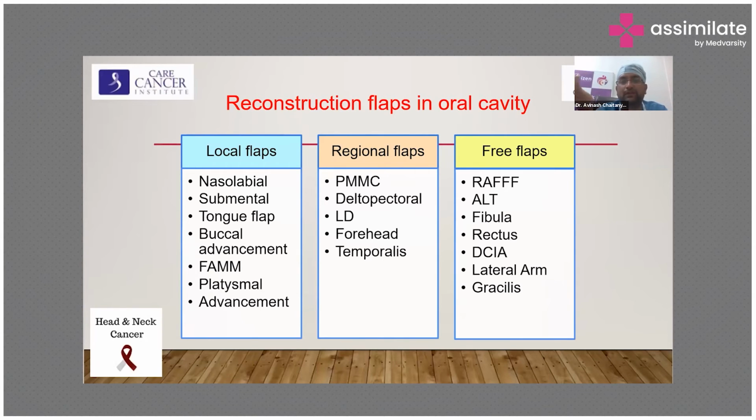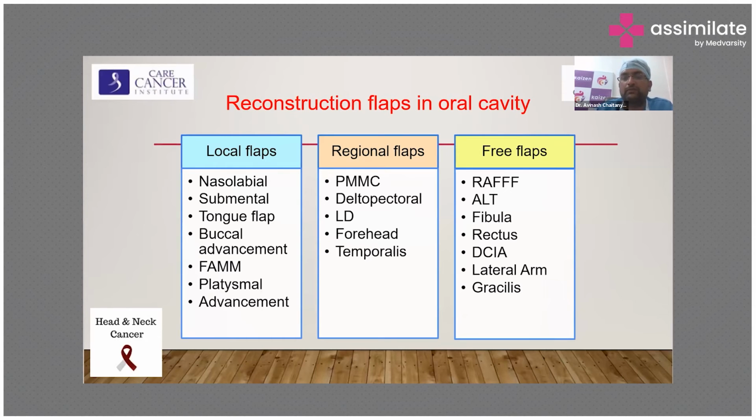And then free flaps. It is just a misnomer that it's a free flap. It's not actually done for free. It is quite costly, and usually the plastic and reconstructive team will come along with the surgical oncologist, and we will be doing them together.